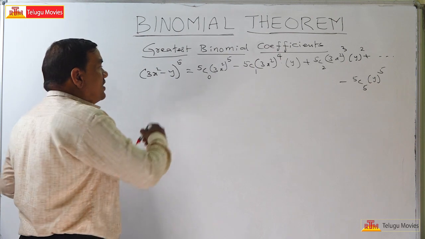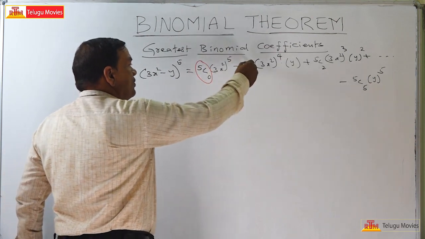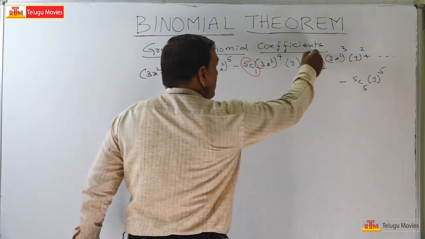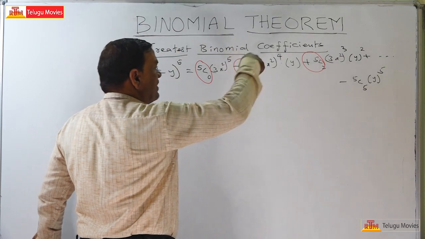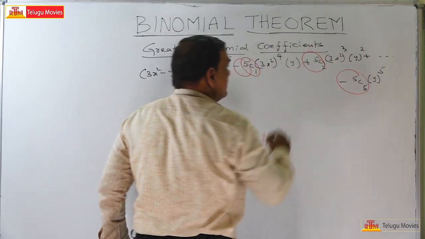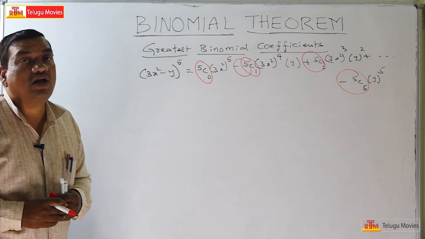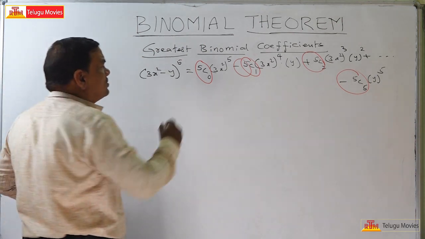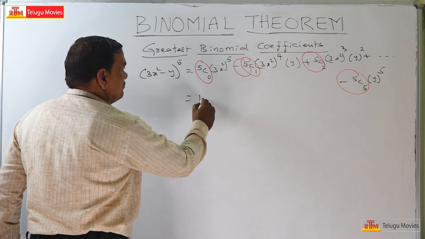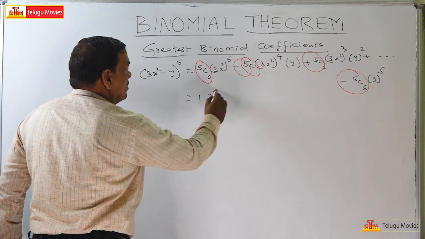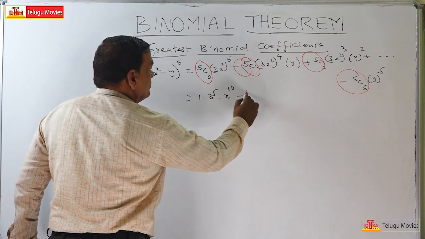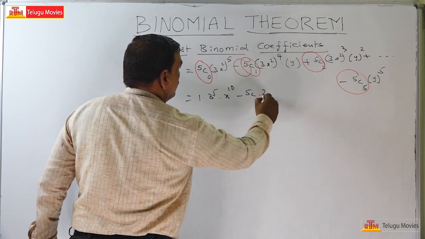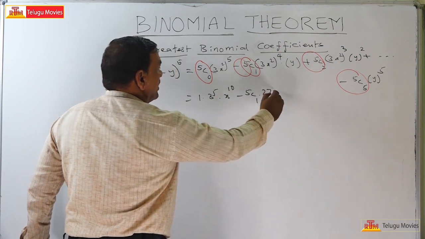Here 5C0, 5C1, 5C2, 5C3 and so on are called binomial coefficients. How will we get the general coefficients? Here 5C0 is 1, so 3⁵ into x¹⁰. The next is 5C1 into 3⁴, which is 27 into 3, so into x⁸.